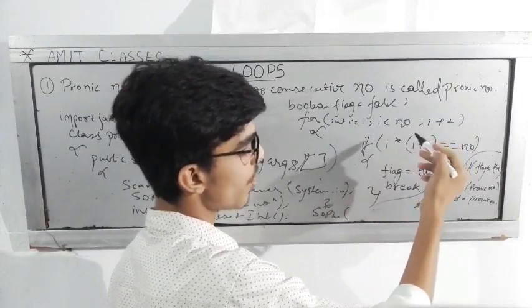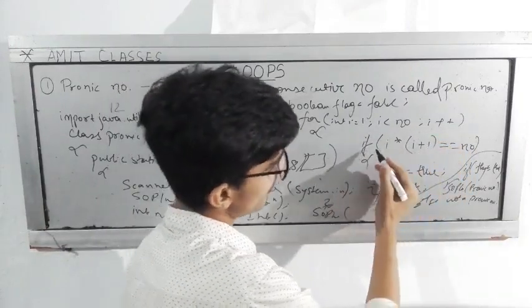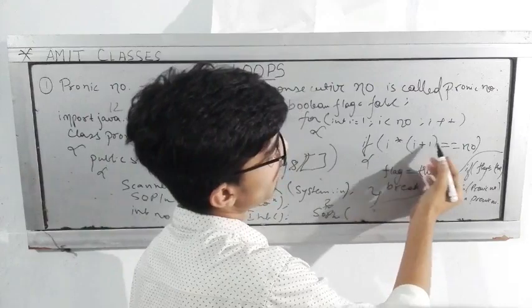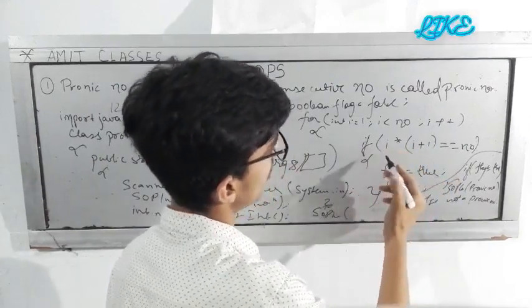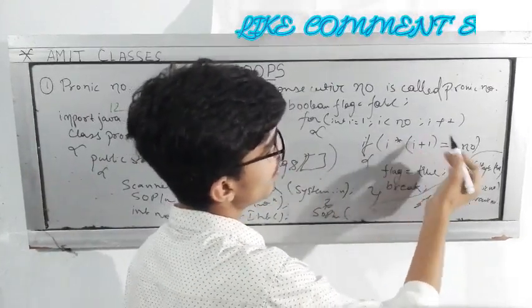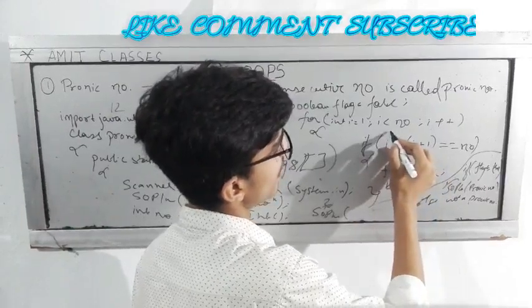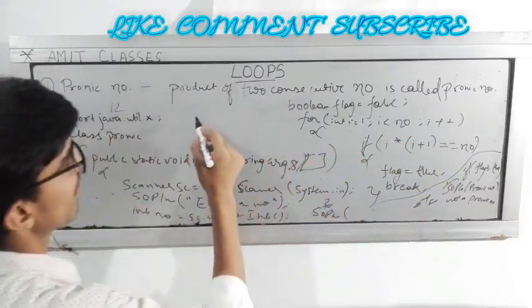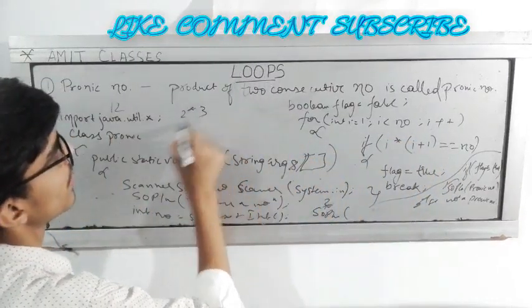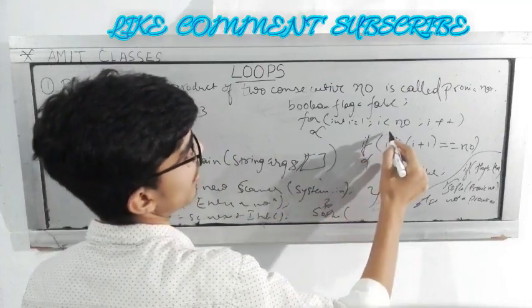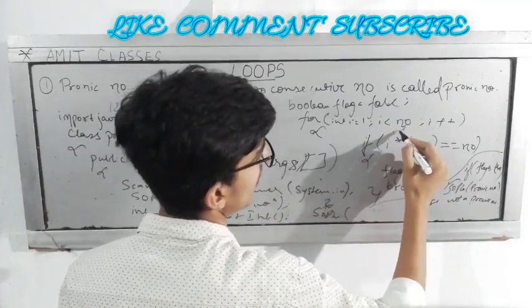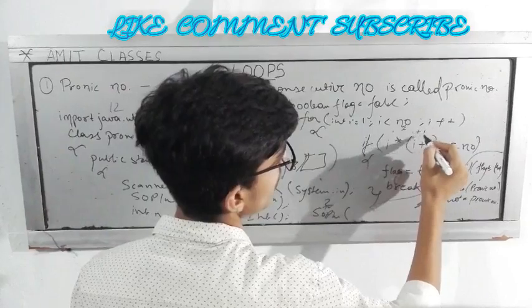Then here we have if i into i plus 1; it will check. If there was an example of 2 into 3, at first it will go 1 into 1 plus 1.